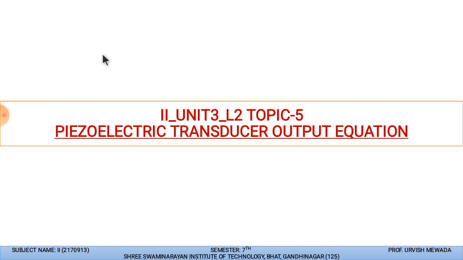Whenever we give mechanical input or mechanical compression to that material, it will produce an electrical output, and whenever we give an electrical input, it will vibrate. So this is a vice versa transducer, and that's why it is called the piezoelectric effect or piezoresistive effect.